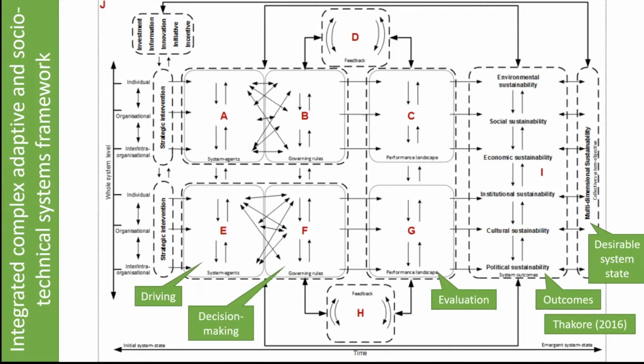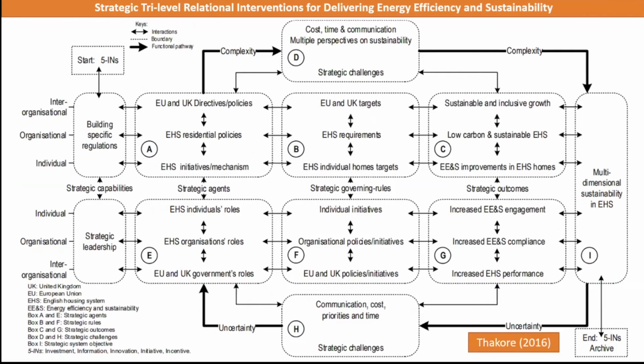And then we have some examples where we can apply this integrated framework to understand what the problem was, what the governing rules are, who the system agents are, and how we can deliver.